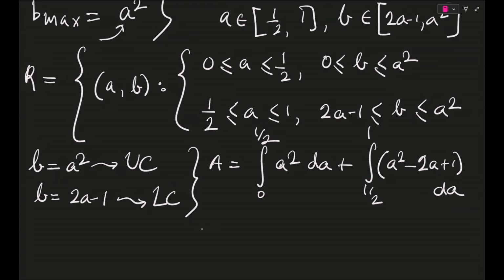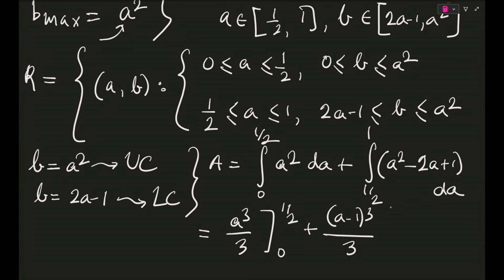Okay, so a little bit of calculation, guys. Let's quickly do it. So this will come out to be, I guess, a cube by 3 in between 0 to half, plus of this thing is your a minus 1 whole square, right? So a minus 1 whole cube by 3 in between half to 1.